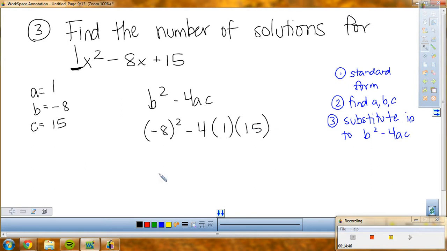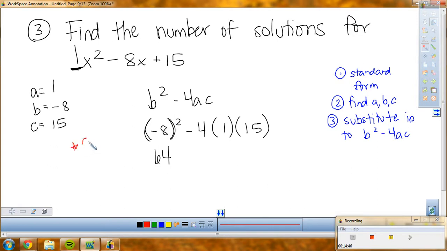And so we need to remember to use order of operations. So what goes first in my order of operations? Well, I need to do exponents first. So a negative times a negative is going to be a positive 64. Make sure we're using our parentheses in our calculators.